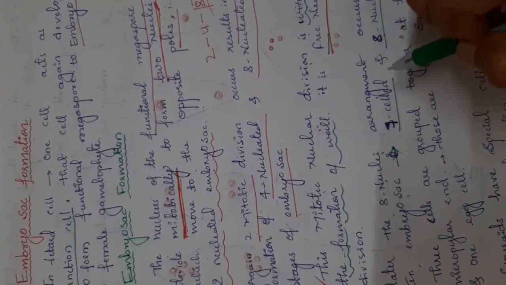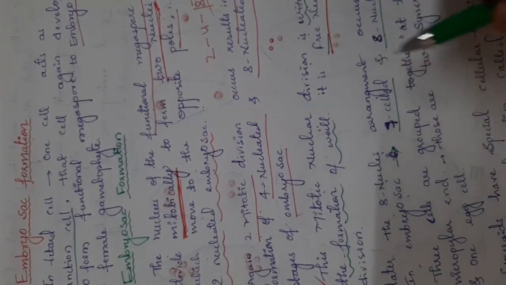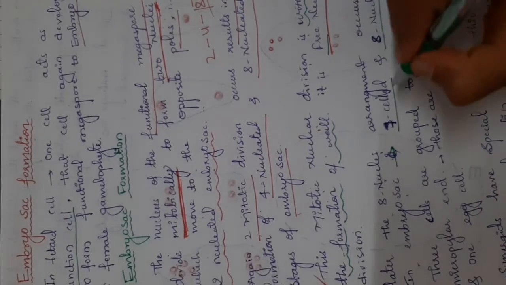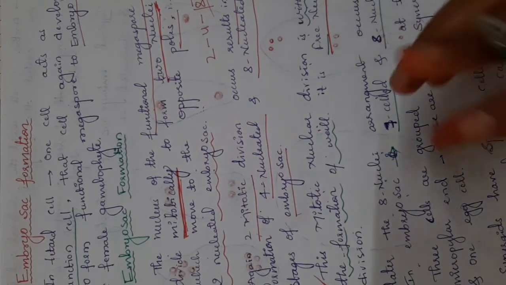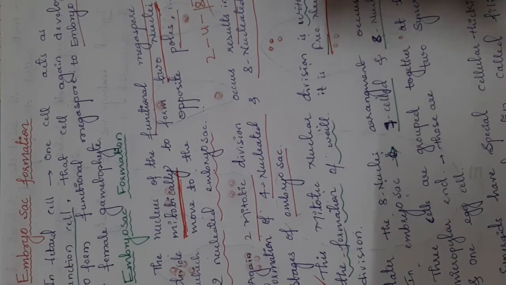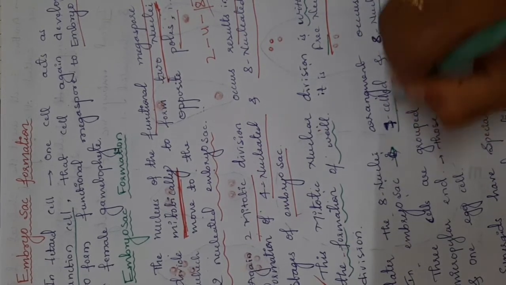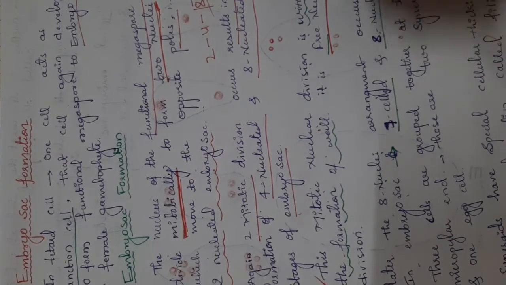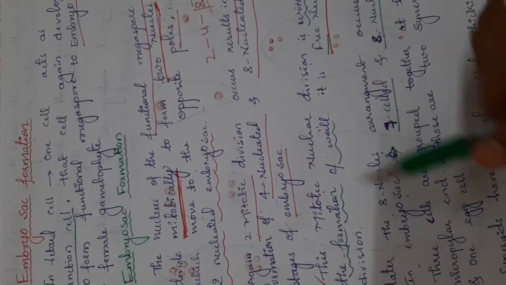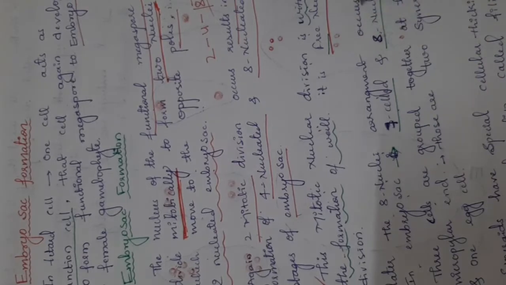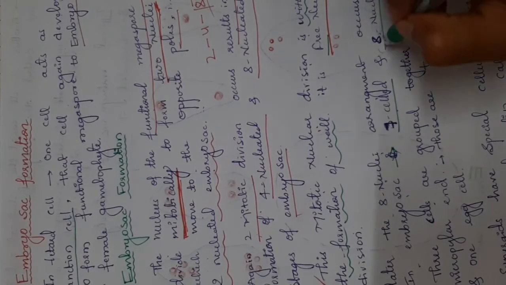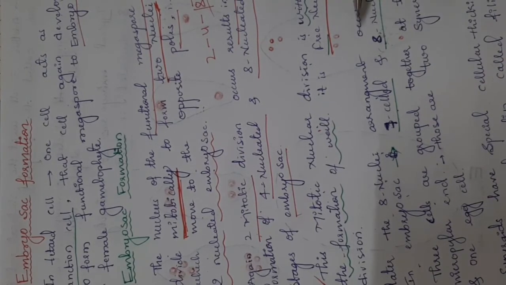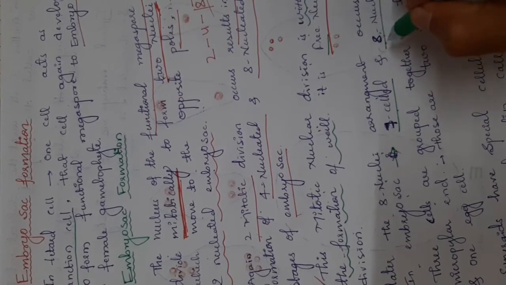The 8 nuclei inside the embryo sac are going to be arranged in a 7-celled condition. Totally that condition is an 8 nucleated 7-celled embryo sac. It is very important.